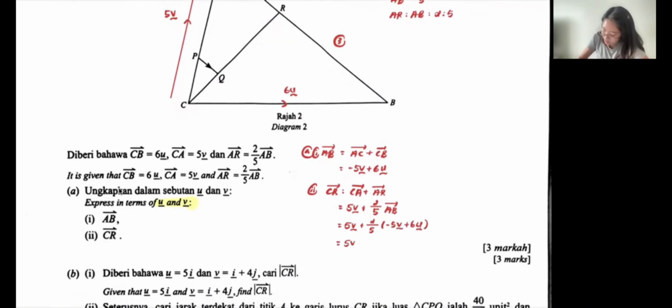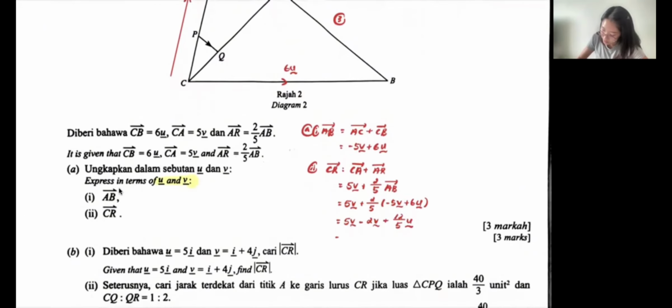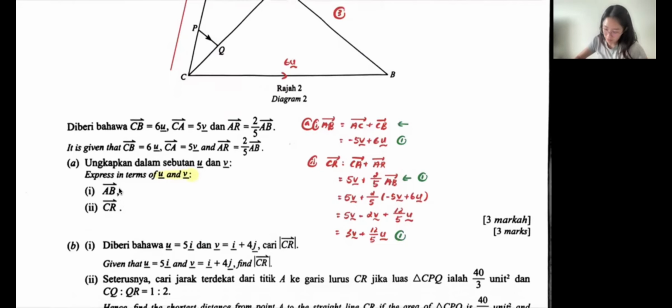Then expand: 5V minus 2V, and then plus 12 over 5 U. So 3V plus 12 over 5 U, that's your answer. 1 mark will be given over here for your path, and then your final answers for part 1 and part 2. 3 marks.